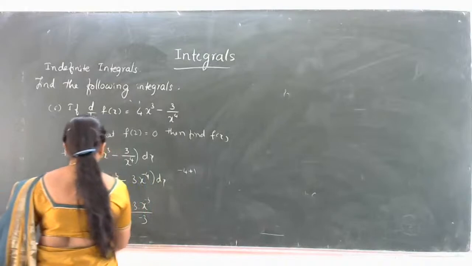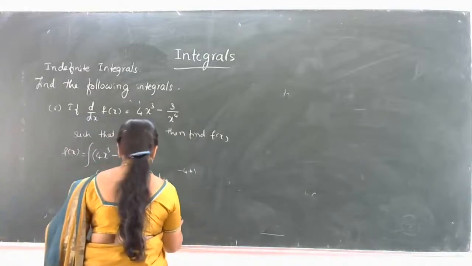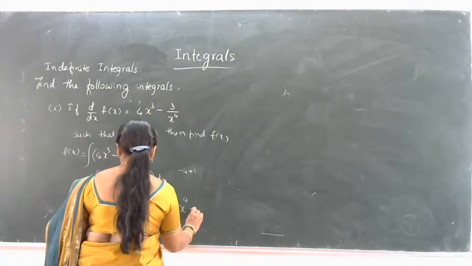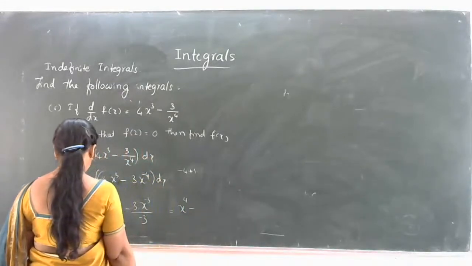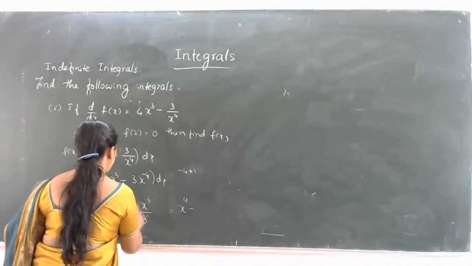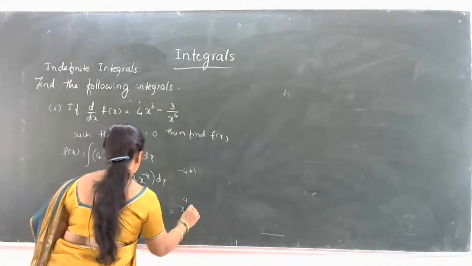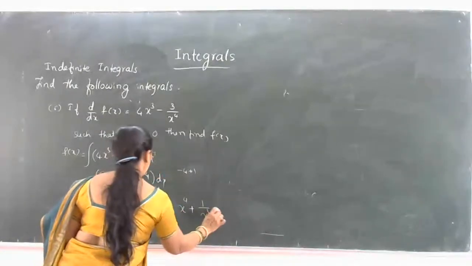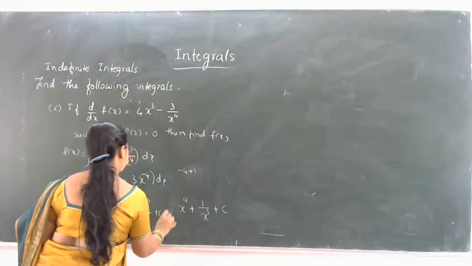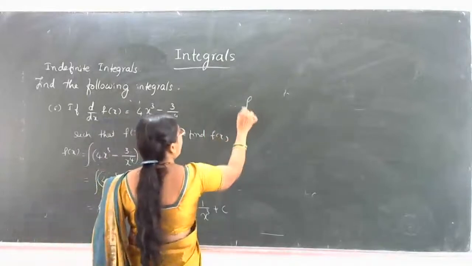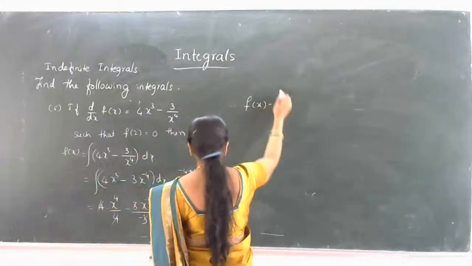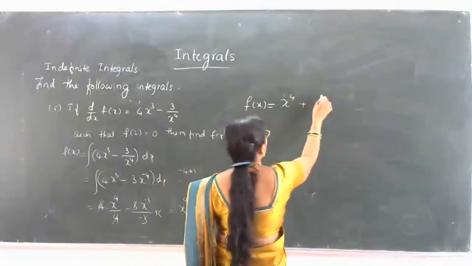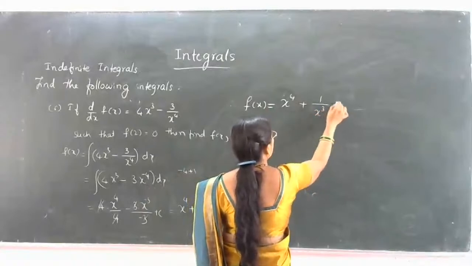Therefore, we can write this equal to x to the power 4, then the 3 gets cancelled, minus into minus plus 1 by x to the power 3 plus c. Therefore, f of x is equal to x to the power 4 plus 1 by x to the power 3 plus c.